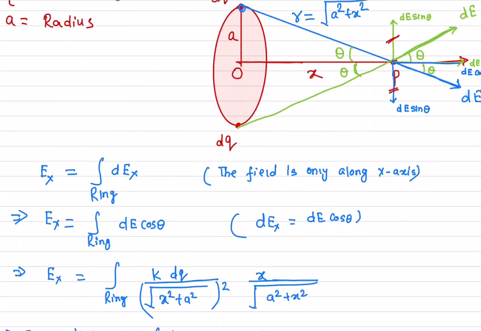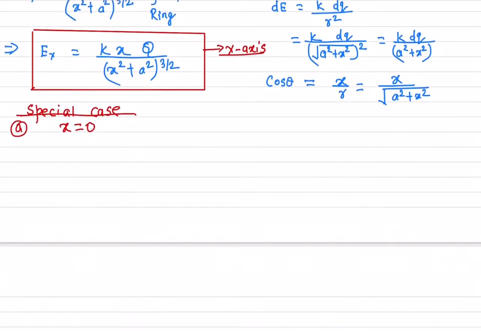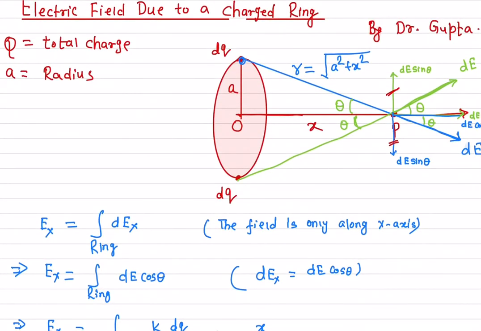Due to the symmetry, the electric field at this point due to this charge will be in this direction, and due to this charge it will be in the opposite direction. So the total electric field will cancel out, and we can also plug into this equation. If x is equal to 0, what you get is Ex is equal to 0. The total electric field is 0.